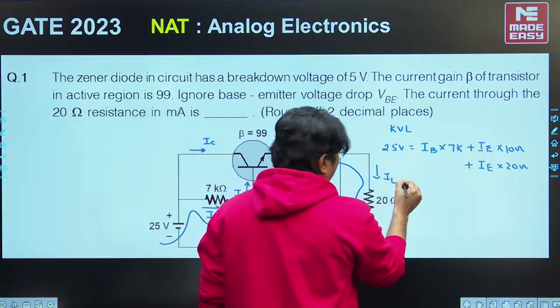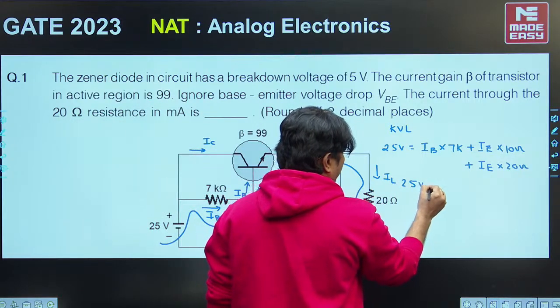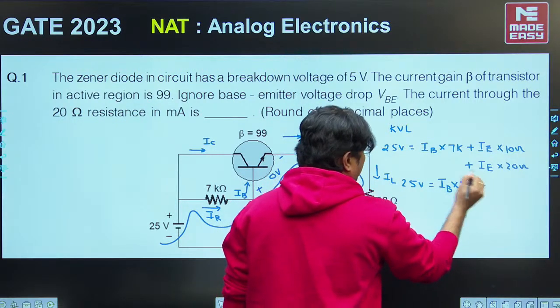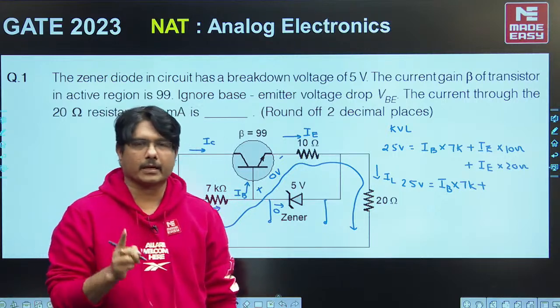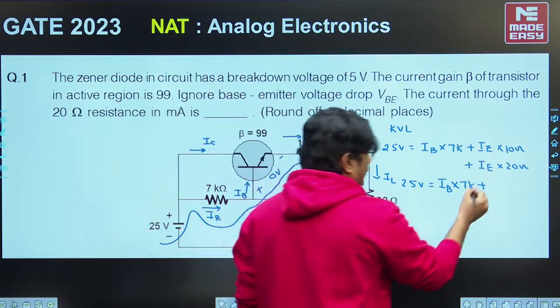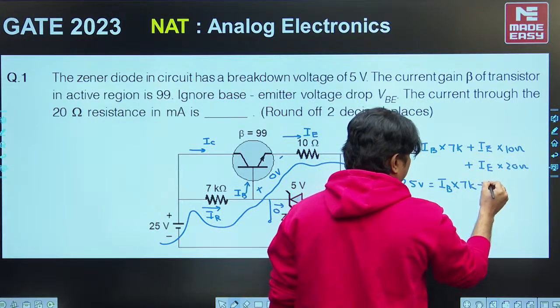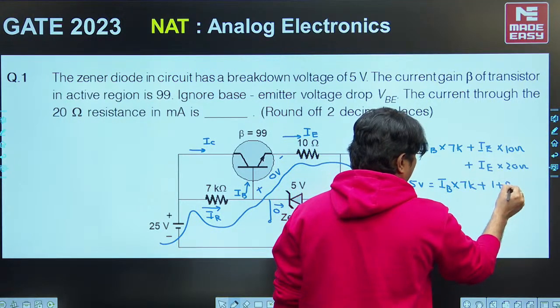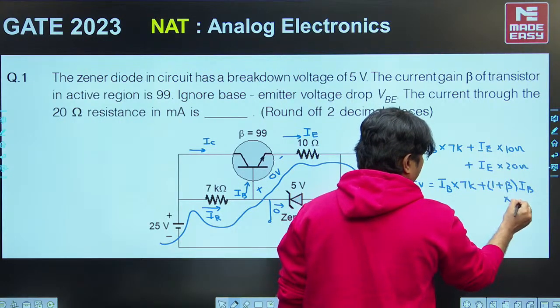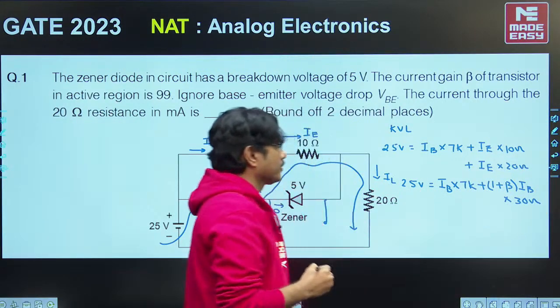Now we will change into one current parameter: IB into 7K plus IE. We can convert IE to IB or IB to IE, whatever you like. Converting IE to IB, it is 1 plus beta times IB into 30 ohms. This is the equation.